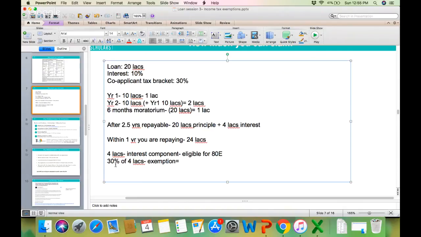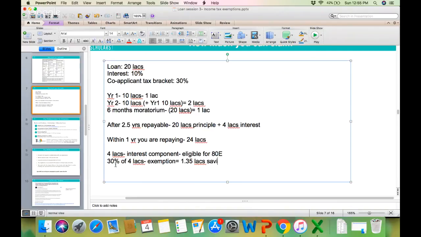So for 30% of 4 lakhs, you will get an exemption of approximately 1.3 lakhs.